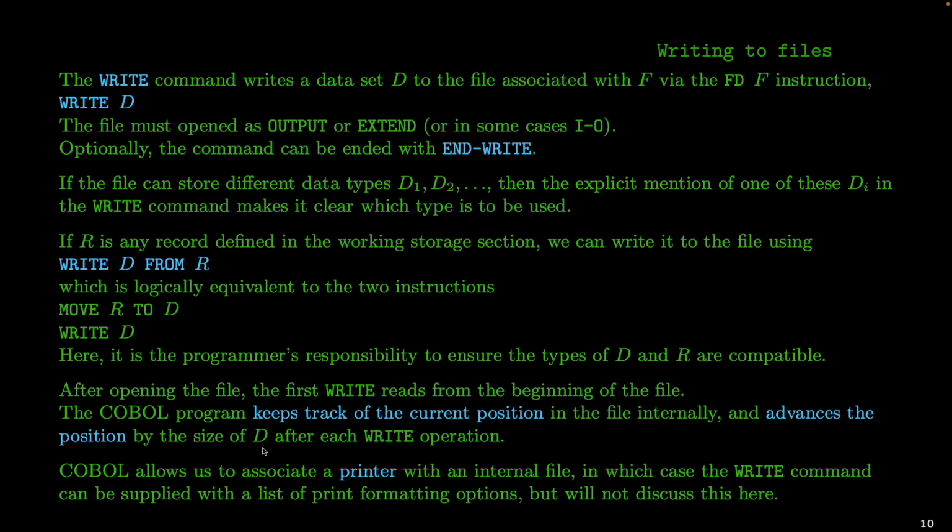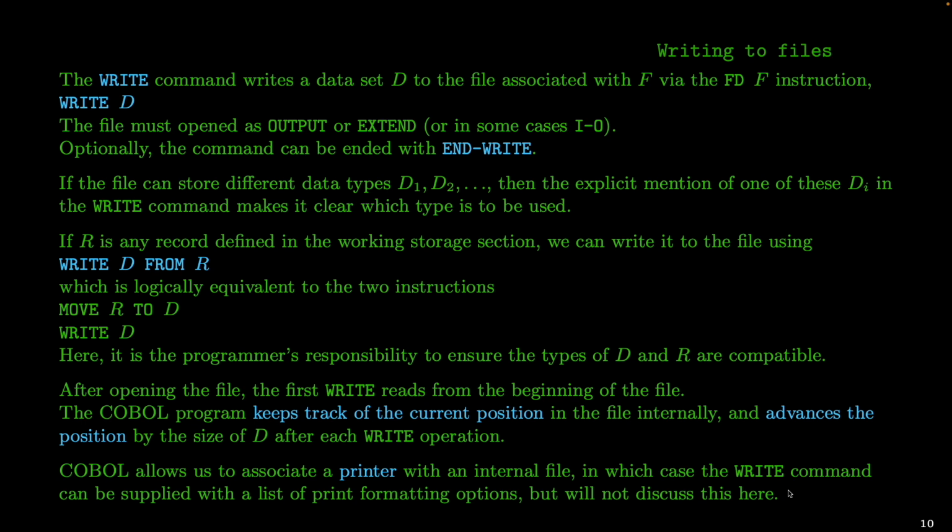It is possible to associate a printer with an internal file, F, and in this case you can use the write command with some additional options to format the data for printing on a page, but this is not something I will discuss here. So if you're interested in that, then know that it is possible, but you would have to look it up on the internet.